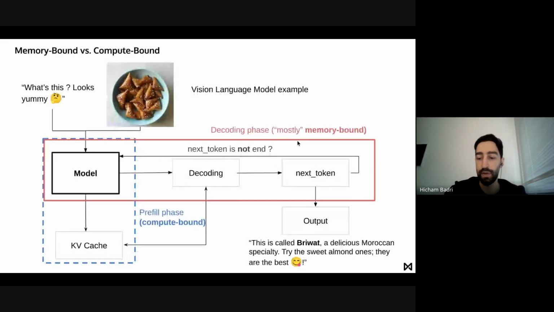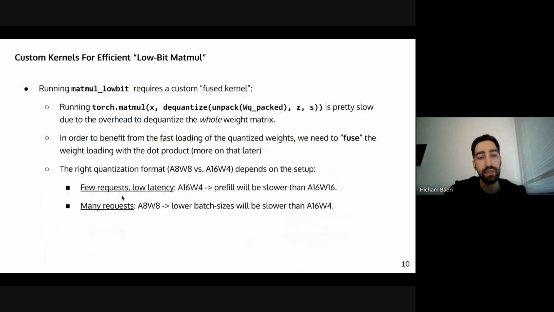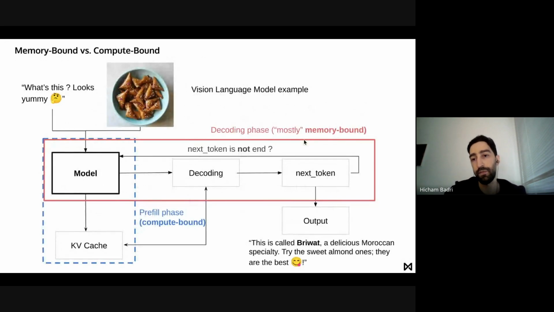But if you're processing many requests, then this is kind of between memory bound and compute bound, because it's not exactly memory bound. Again, it really depends on the byte size: you increase your byte size, you become compute bound; you reduce the byte size, it becomes memory bound.